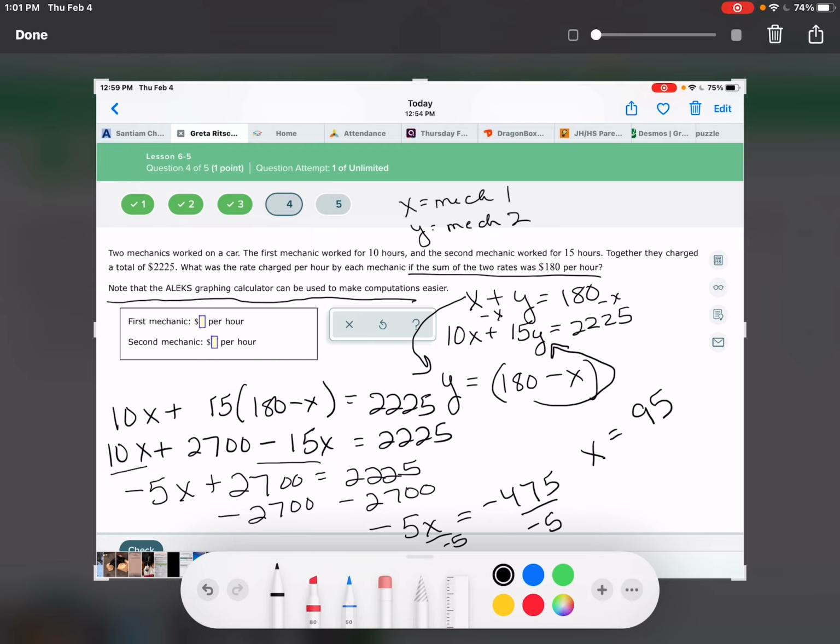So that is saying that the first mechanic is 95. And then I could take that and plug it into this equation. 95 plus something is 180. So I'm going to end up doing 180 minus the 95 is 85. So y equals 85. So there's my other mechanic.